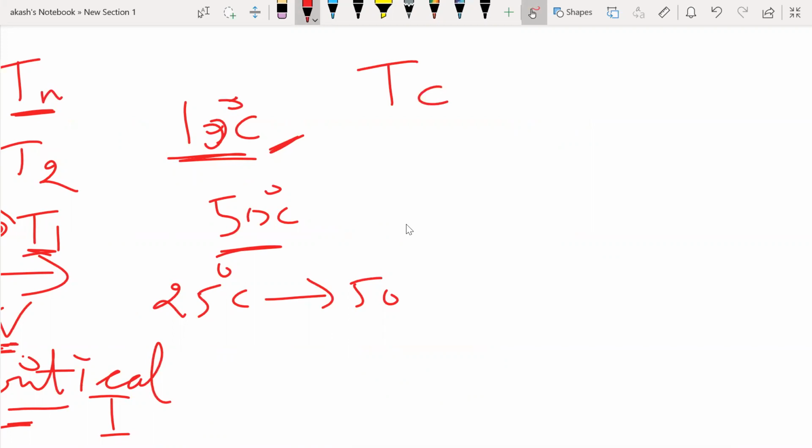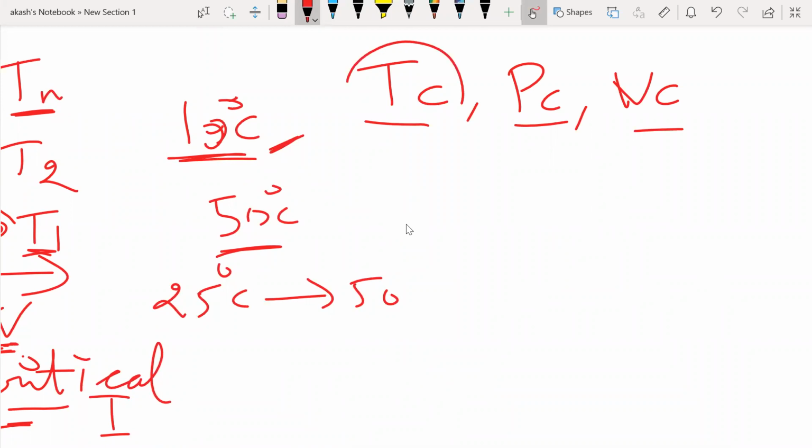They are represented as TC, PC, and VC: temperature, pressure, and volume at the critical point. Temperature is the observable quantity, while these two are mathematically derived, and there are formulas for them.